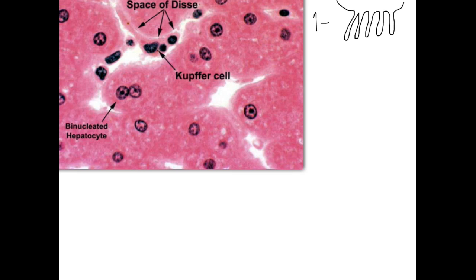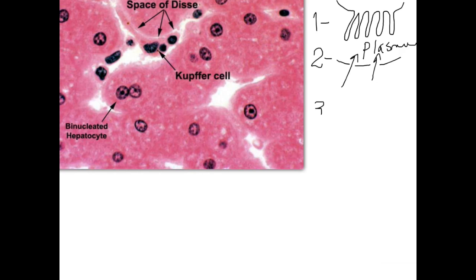The second component, we have the plasma oozing from the blood sinusoid. So we have here plasma coming from the fenestrated blood sinusoid. Here we have plasma passing through the fenestrations of the blood sinusoid to this space.